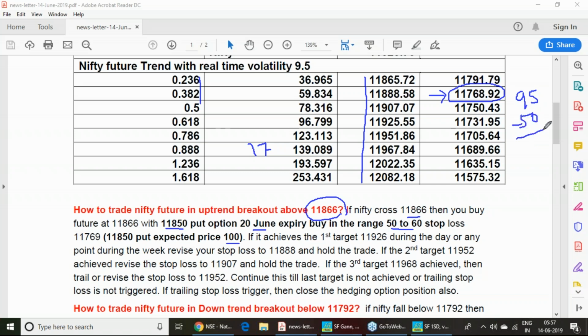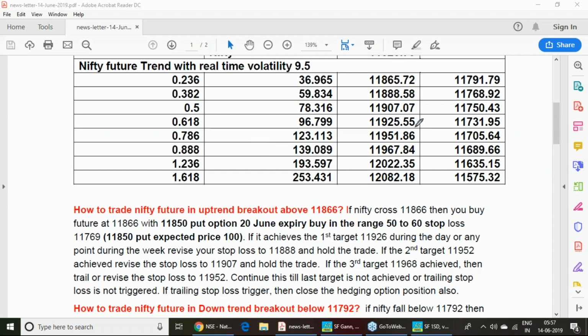So I will be accepting about 45 points of loss if my trade goes against me after I made a buy entry. This is my style of trading. If I buy here, I am hedging it. If it hits the stop loss, I will come out of that and accept the loss in the future, and at the same time I'll be making some money in the hedging component of the option, and then I will come out.